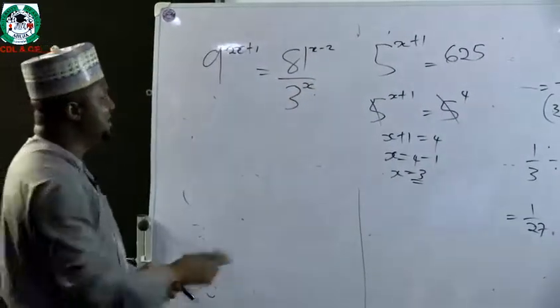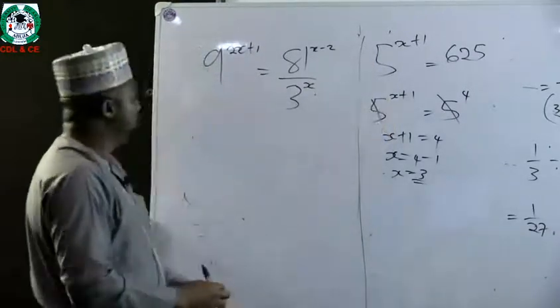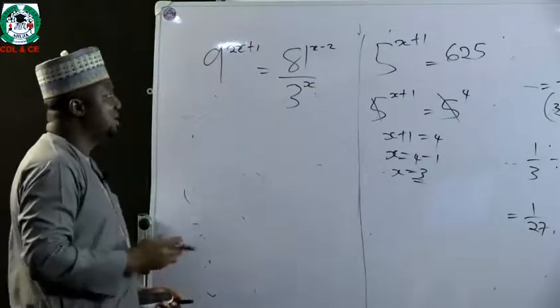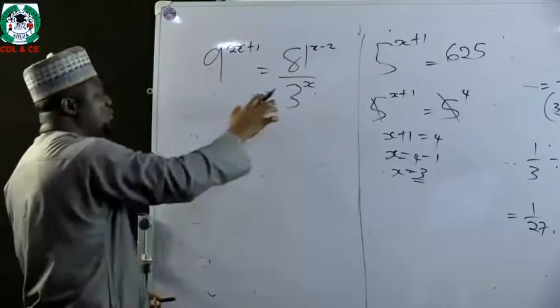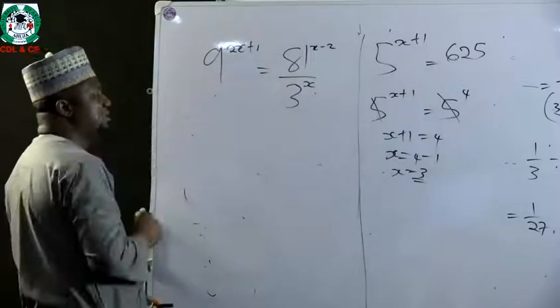You can see that this is somewhat more complex than this. But let's begin to apply the laws of indices. If you look at it here, 81 can be expressed in the lowest base of 3. 9 can be expressed in the lowest base of 3.